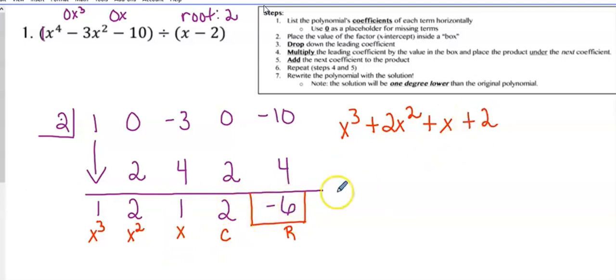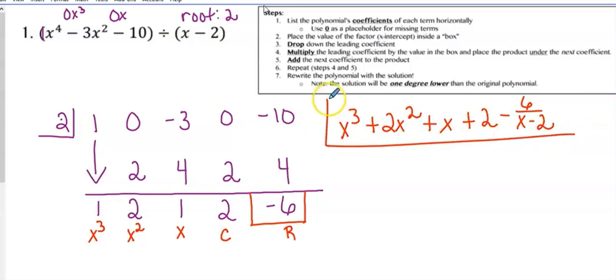And then my remainder is minus 6 over my original divisor, x minus 2. So this is the answer, which also, because there's a remainder, tells me that 2 is not a root of this polynomial. Okay, if it had been a root of this polynomial, we would have had a 0 right here.